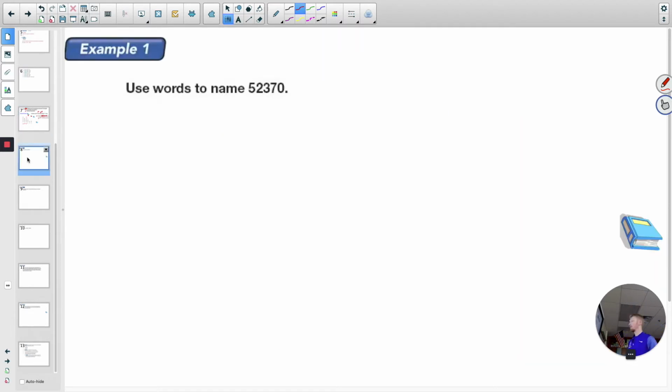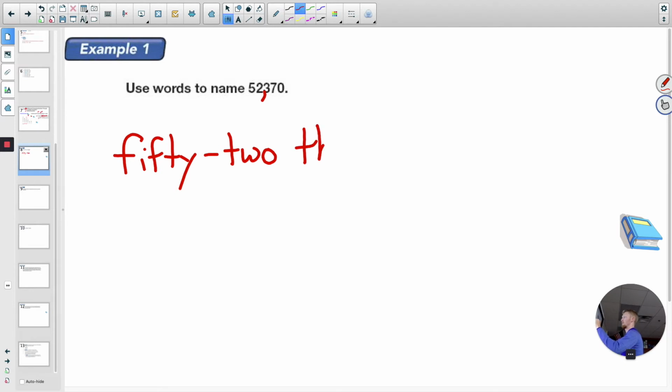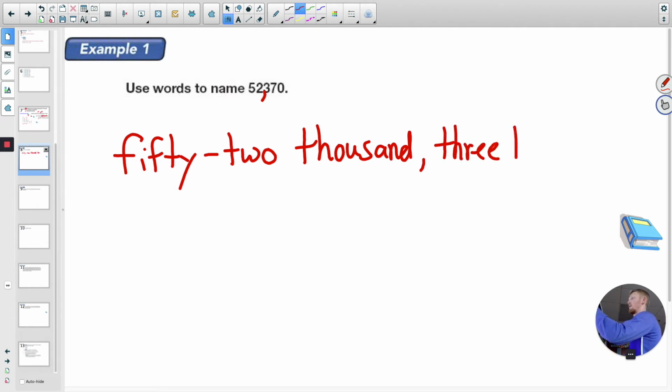All right. Go ahead, try this one on your own. So using words to name this, I like to add a comma first so that I know where to add my comma when I'm writing it out. So I'll have 52 with a hyphen, 1,000, comma, 300.